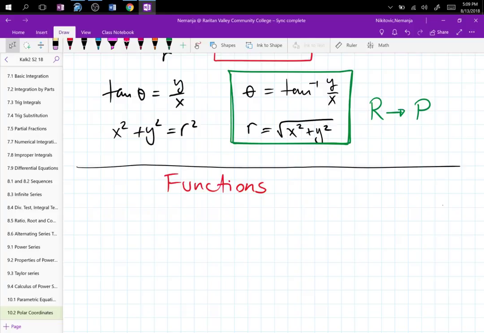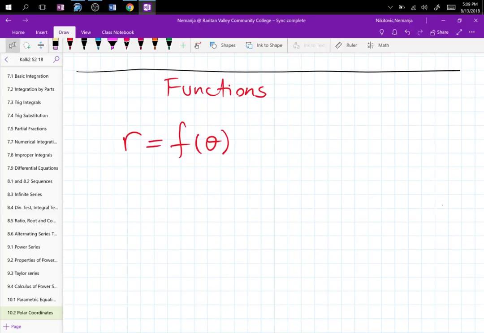A function is a rule which assigns to each theta a unique r. So the function is represented as r equals f of theta. Theta, the angle, is the input, and the radius is the output of this particular function.